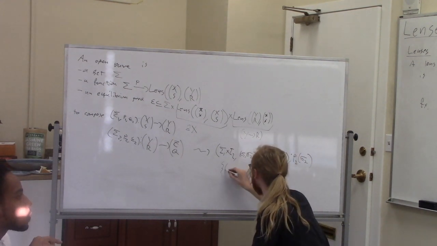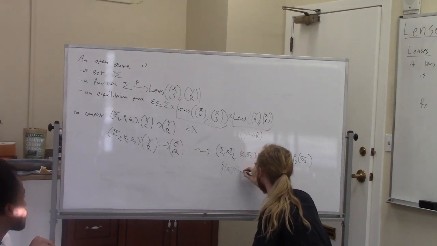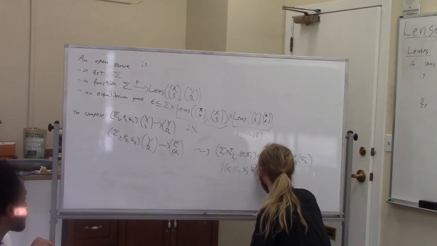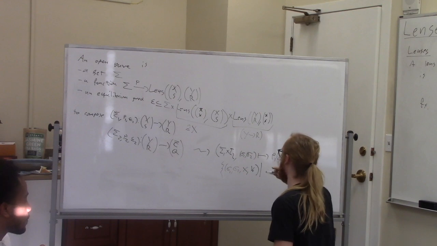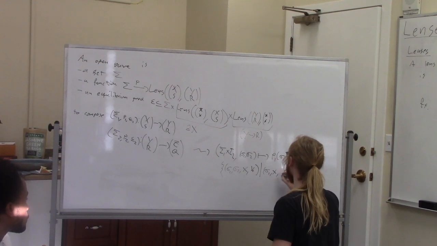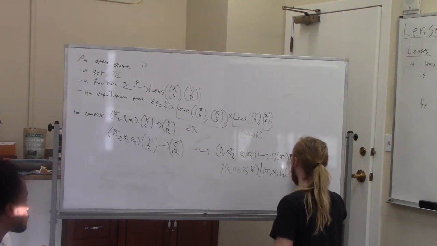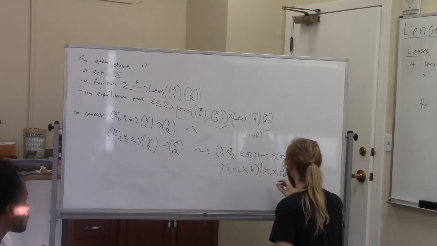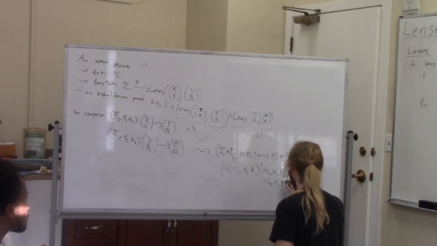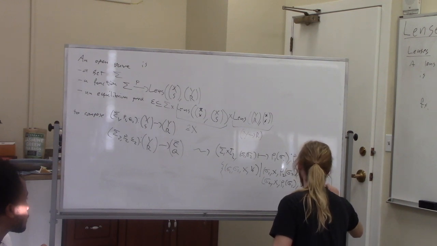These are the tuples sigma 1, sigma 2, x and k, where sigma 1, x, and the play of sigma 2 composed with k is in epsilon 1, and sigma 2, with x composed with the play of sigma 1, and k, is in epsilon 2.